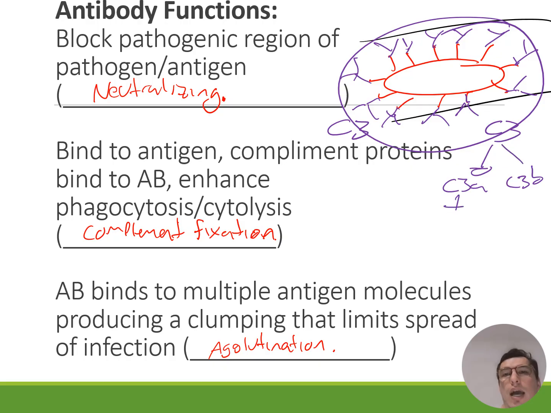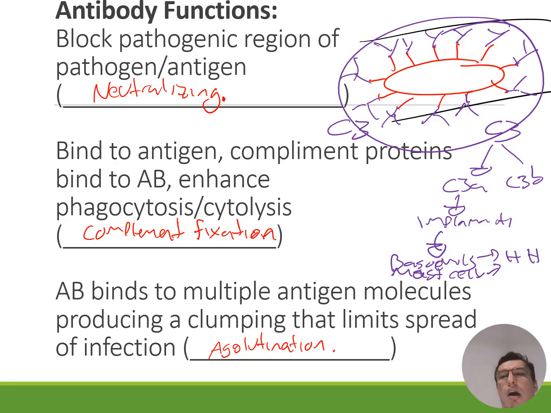C3a is going to activate inflammation by activating basophils and mast cells. And when we activate basophils and mast cells, we're increasing histamine and heparin for the recruitment of immune cells, and we're now causing inflammation.